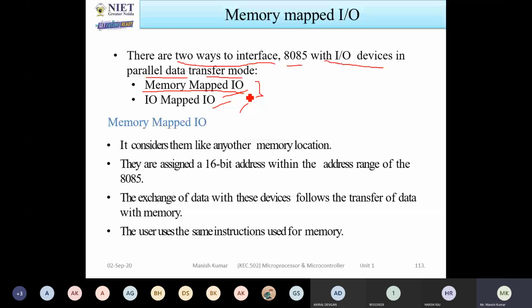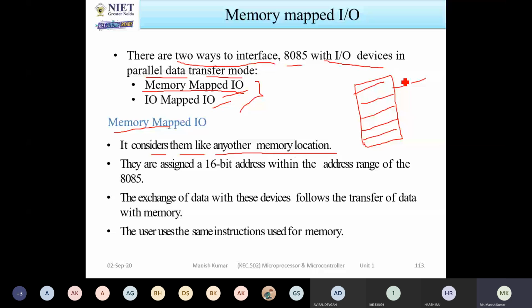Let us see. In memory mapped input output, it considers them like any other memory location. So if memory locations are available, you can use any particular memory location. Also all of you know that this location address will be of 16 bits.